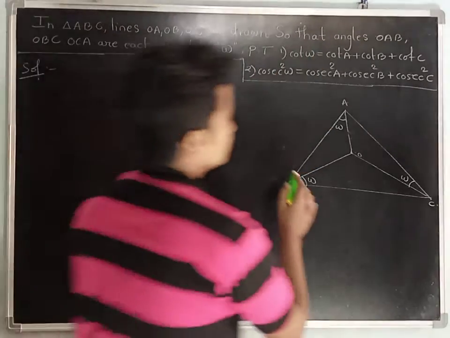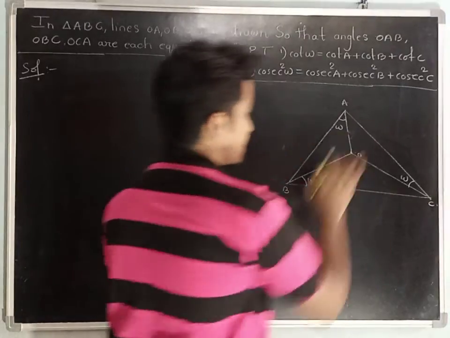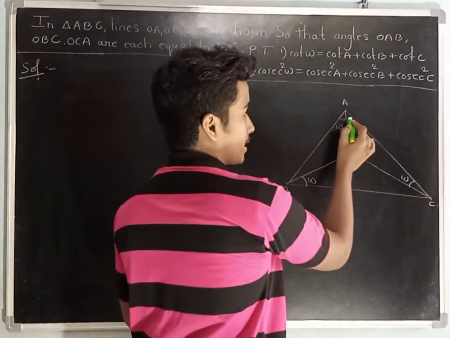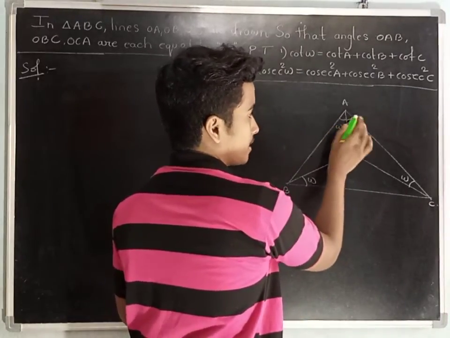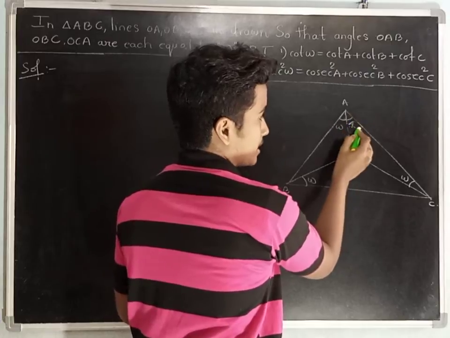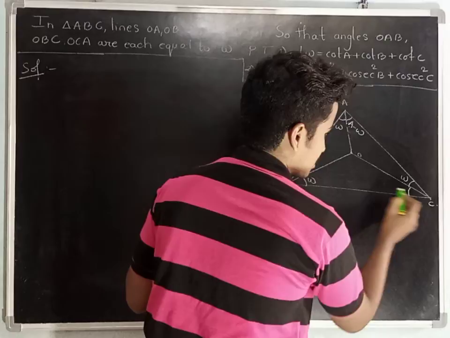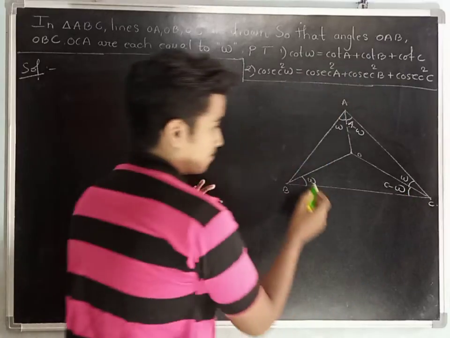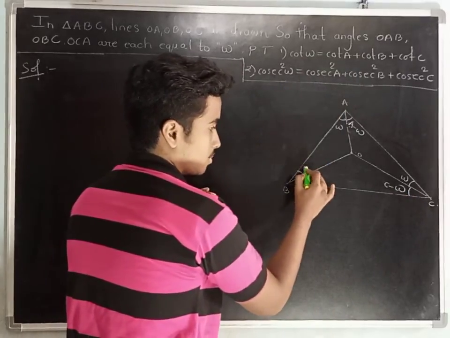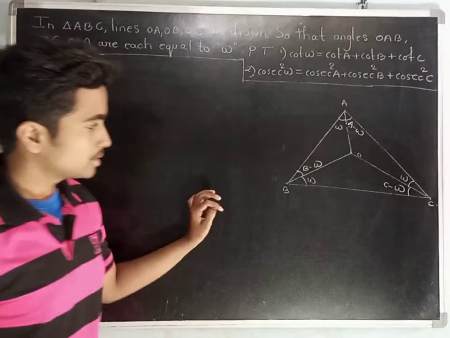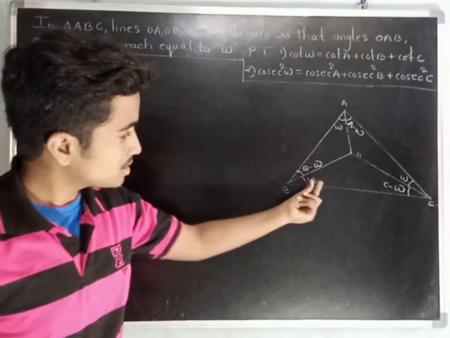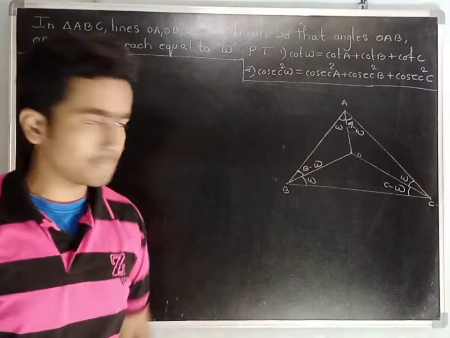Okay, now in triangle ABC, if this is omega then this angle is going to be A minus omega, right? If it is omega then this one is going to be C minus omega and this angle is going to be B minus omega, right? In angle B, one part is omega and the other part is B minus omega.